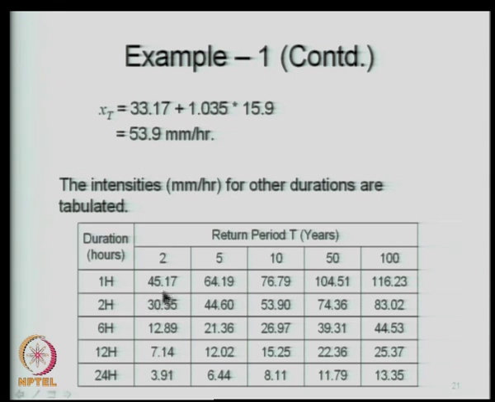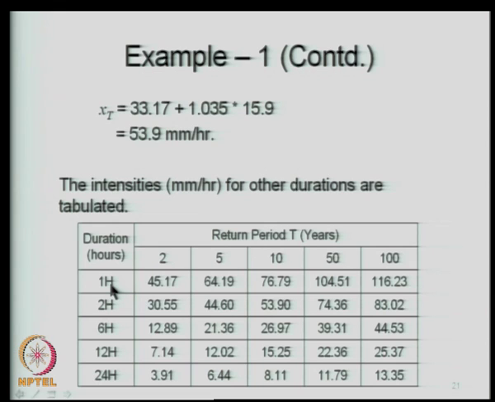You can also observe that for a given duration, as the return period increases, the rainfall intensity increases. And therefore, you must keep in mind that we are talking about the design intensities that need to be used. Otherwise, intuitively it may appear as if for 1 hour duration, how can it be different for different return periods, because the duration is only 1 hour.